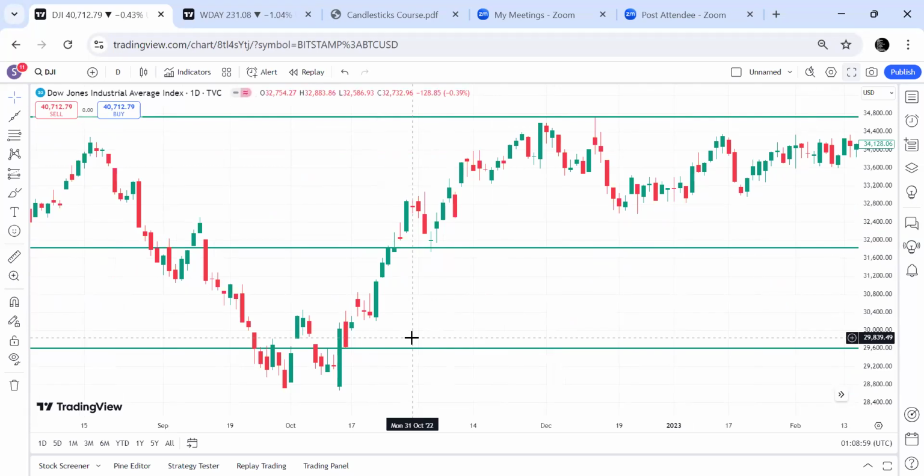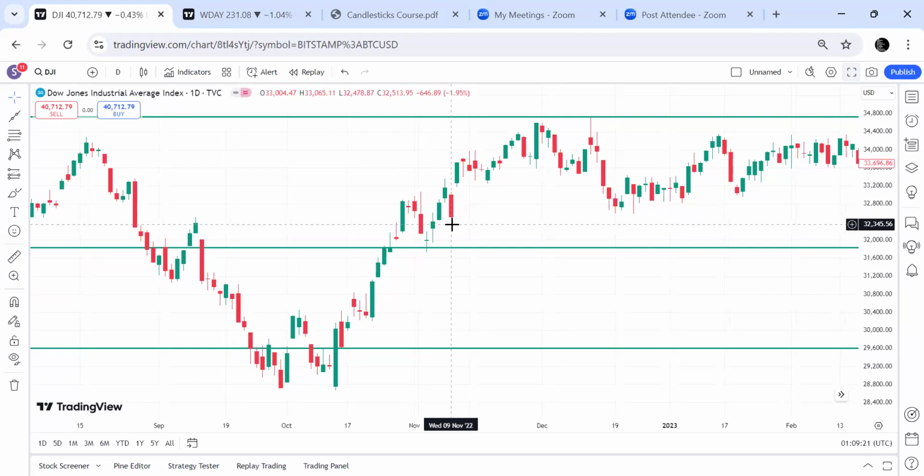We have to take confirmation from other indicators, like volume, support, resistance, and moving averages, and only then take our decision. By simply trusting a candlestick, it's not advisable to take a buy or sell decision.